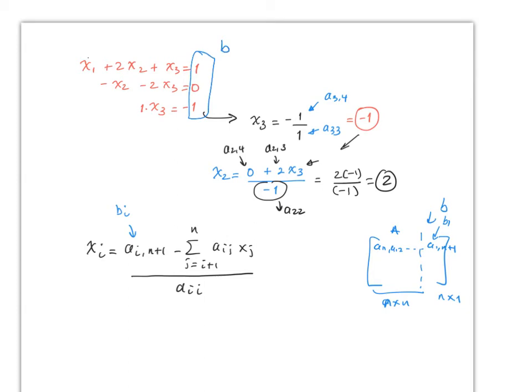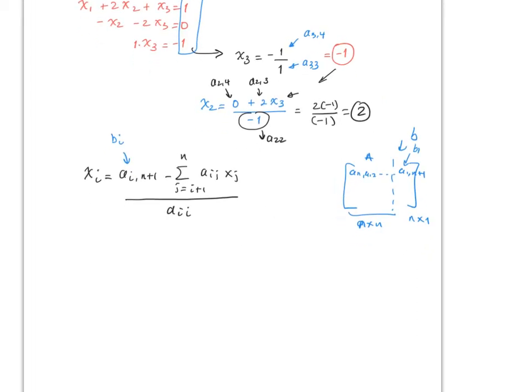Right, so therefore to find x3, sorry, not x3, x1, which is the last one, x1 is going to be equal to 1 minus 2x2 minus x3 divided by 1. And again, this is A14. This one, the 2, is A12.